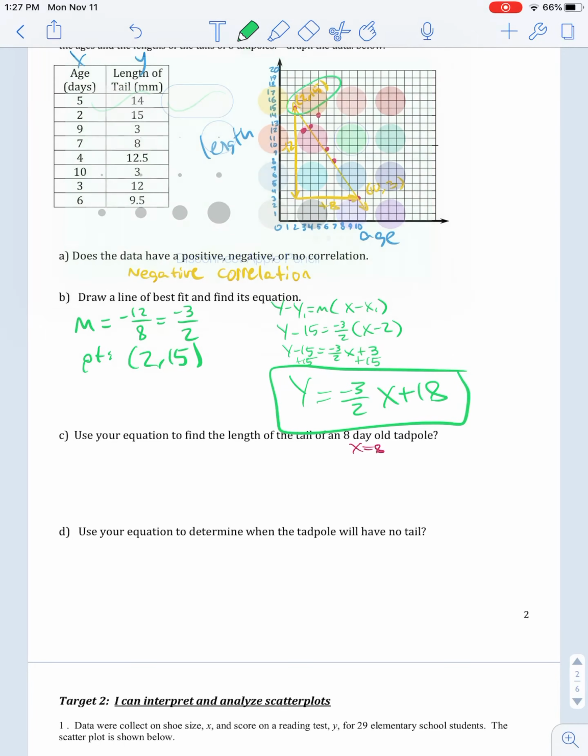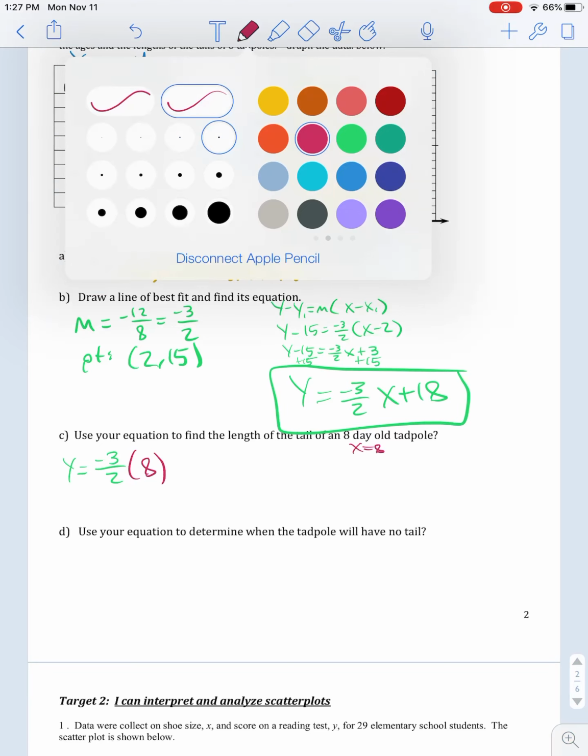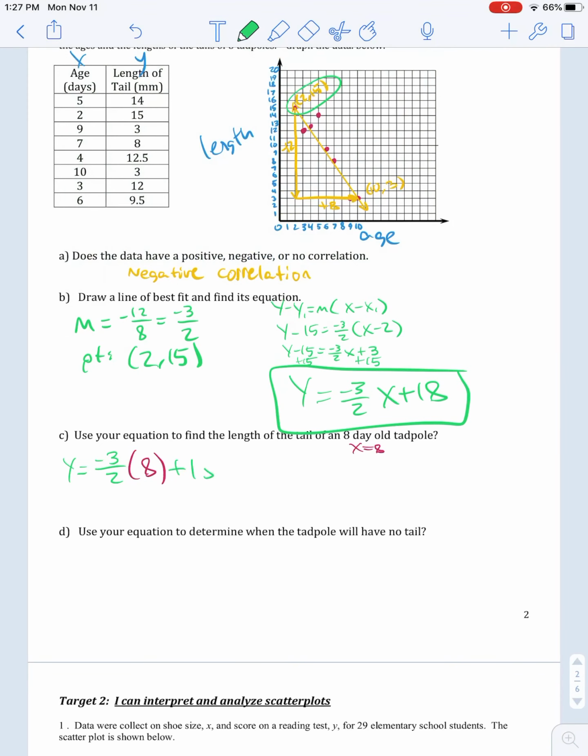So we're going to take that equation, y equals negative 3 halves times x, which we're going to put 8 in for, plus 18. And that ends up being negative 12 plus 18, which is 6. Now, a moment of quality control. Maybe I messed up there.